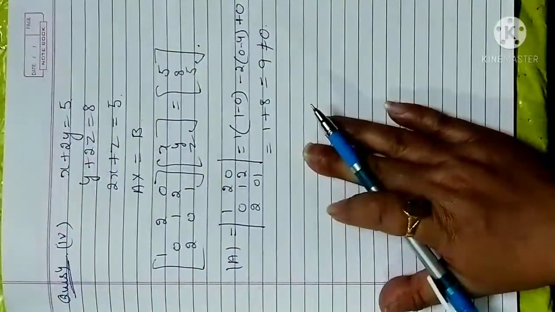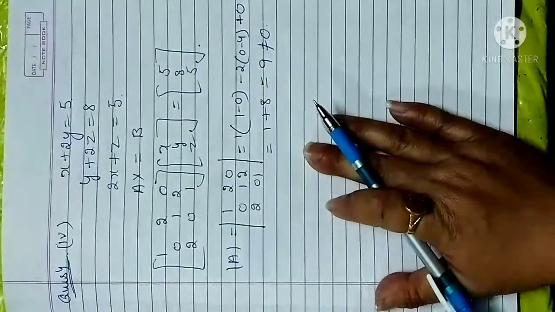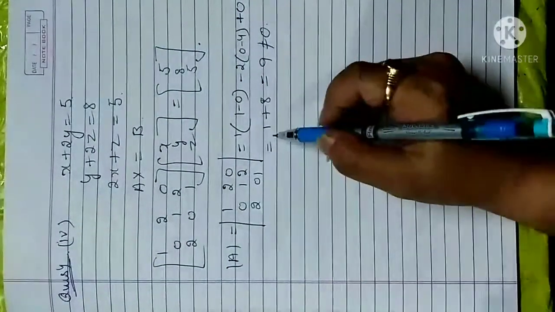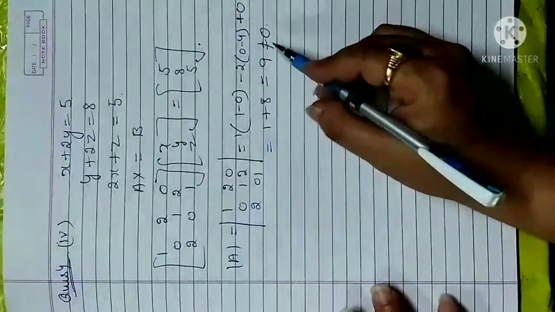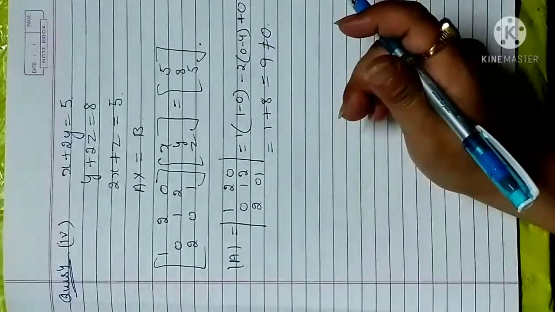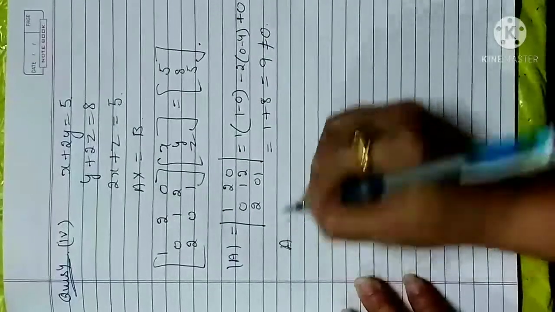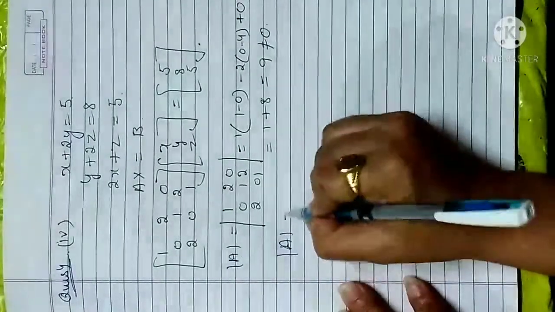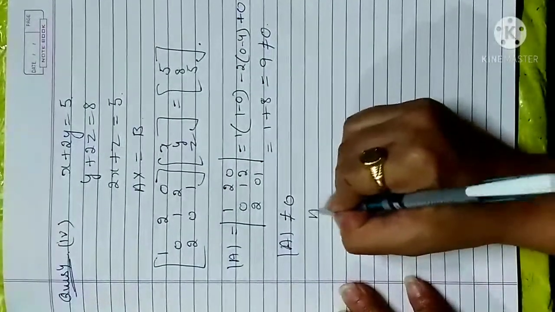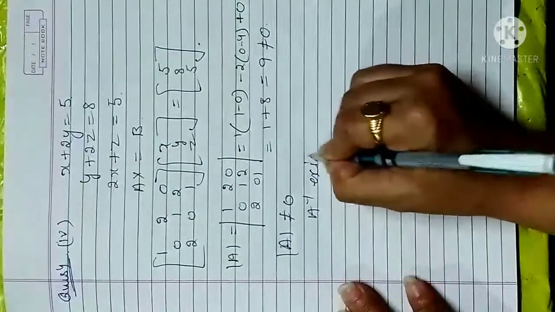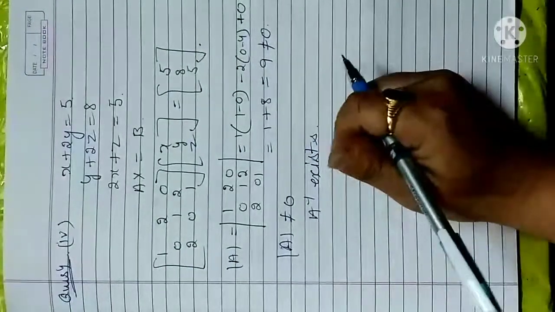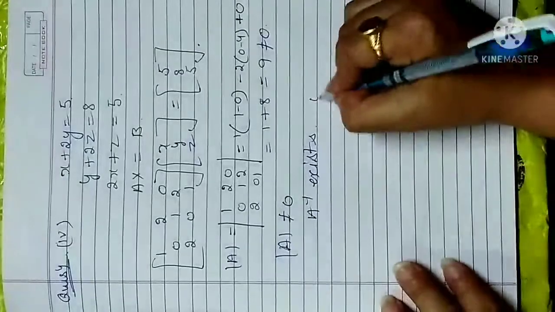But here we are solving for the value of x, y, z. Here I already solved the determinant by expanding the first row, so that shows that this is not equal to 0. Now that means if the determinant of A is not equal to 0, A inverse exists, or you can also say it is a unique solution.